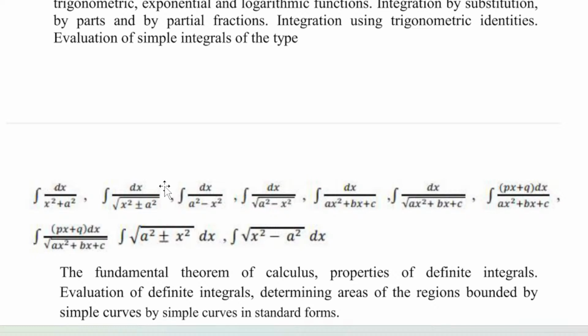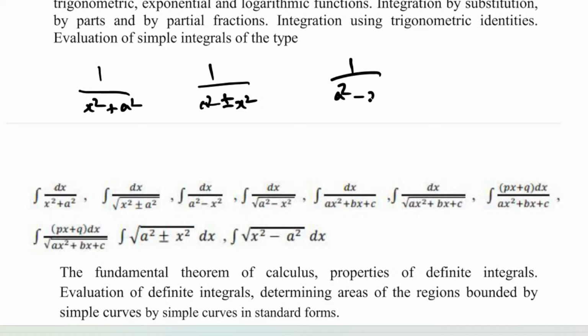Basically, we have all these combinations: 1 by x square plus a square, 1 by a square minus x square, or 1 by x square minus a square.